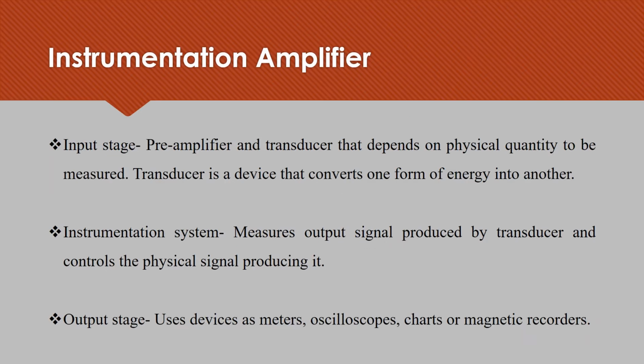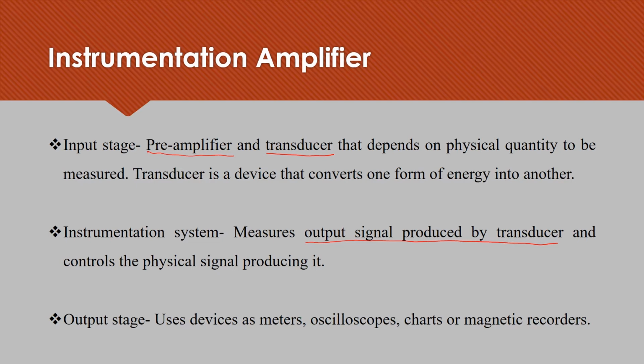First one is the input stage, that is preamplifier and transducer, and that depends upon the physical quantity to be measured. Next one is the instrumentation system that measures the output signal produced by the transducer and controls the physical signal producing it.